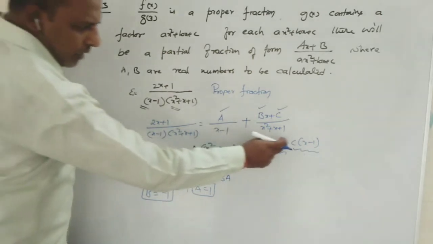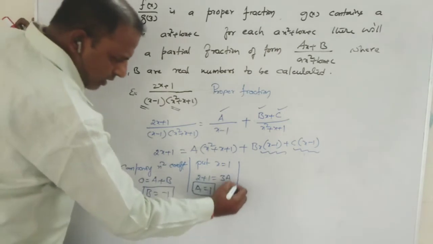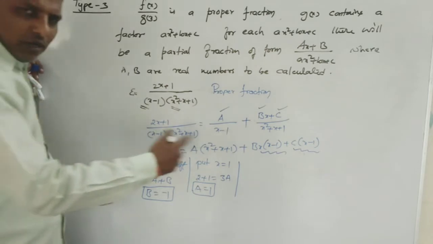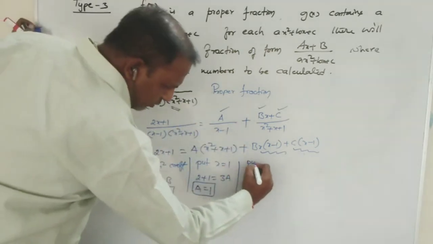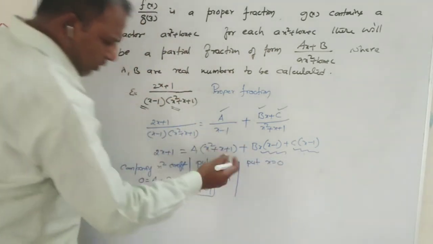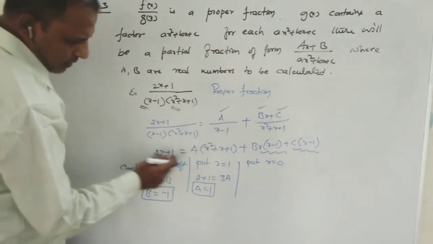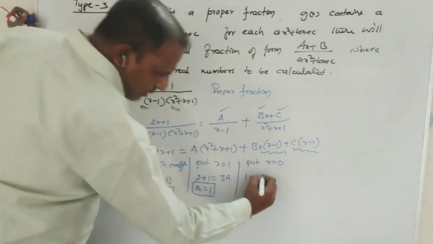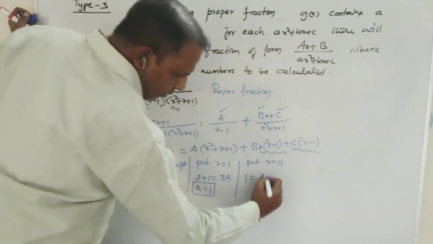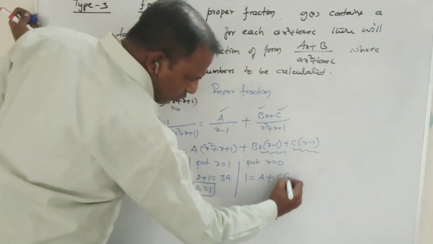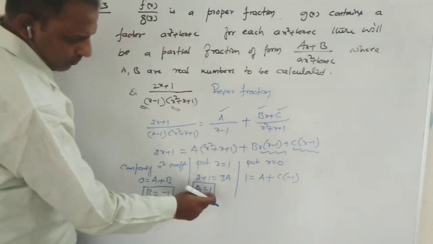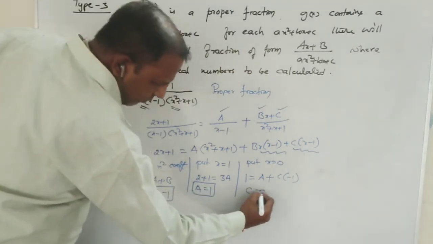We have to calculate c. For this, substitute x is equal to 0, or compare constants, either one. When x is equal to 0, 1 is equal to a plus 0 plus c into minus 1. Since a is equal to 1, c becomes 0.